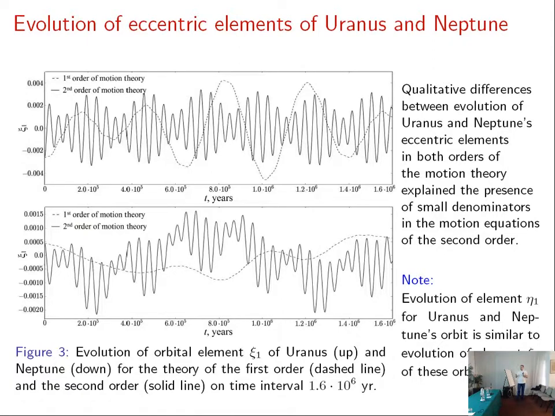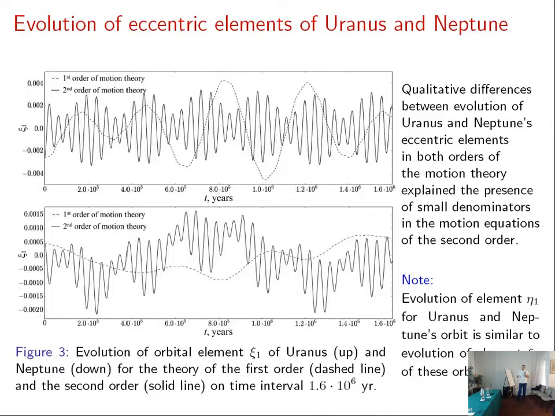Let's consider the evolution of eccentric elements for Uranus and Neptune orbits. The upper figure represents the evolution of eccentric element Xi first for Uranus orbit on time interval 1.6 million years for both approximations of motion theory.